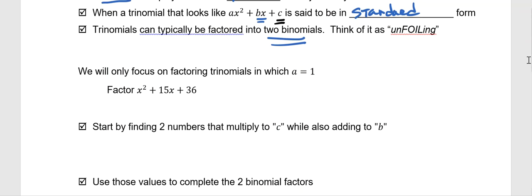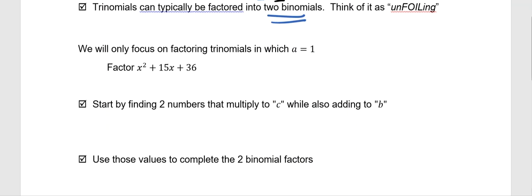If you recall in class, there was a lesson in which I said, think of two numbers that multiply to a certain target while at the same time adding to a different target. Well, that was essentially laying the groundwork for what we're going to do here, because when we factor, we're going to be using those skills.